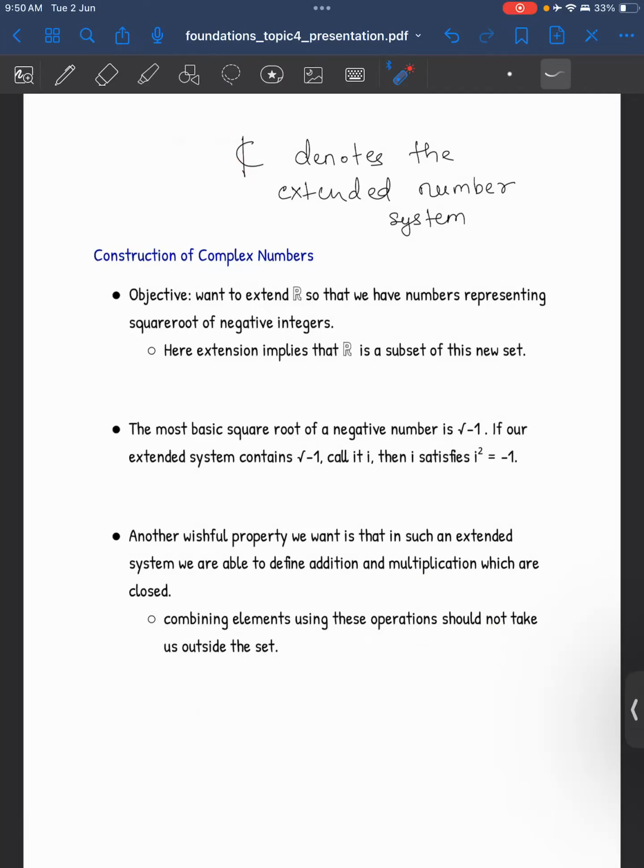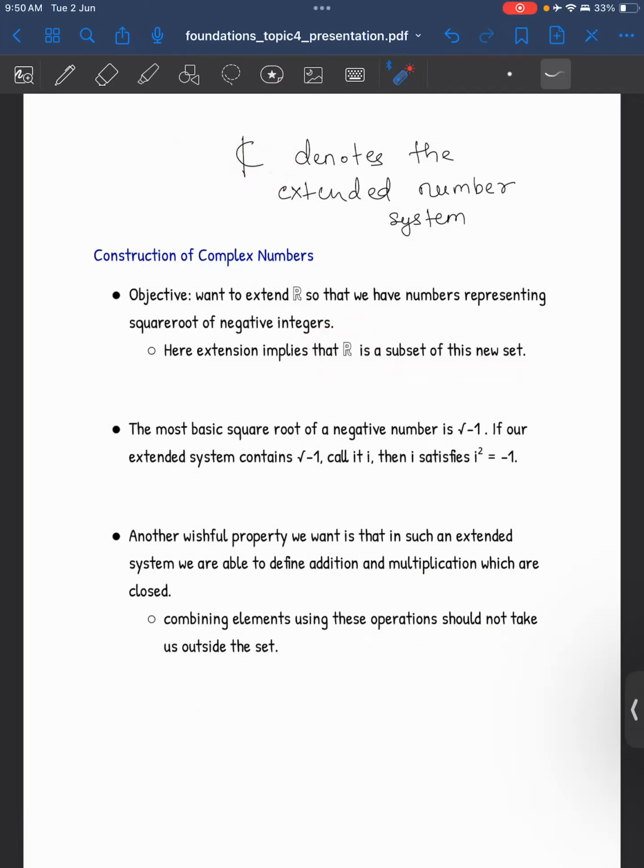So we said that we want to extend real numbers to C, which means that the set of real numbers is a subset of this new set. And now we want to extend the addition and multiplication operations on the reals. By extension, we mean that when we restrict ourselves to just the set of real numbers, which is a subset of this extended set, then we recover back the addition and multiplication operations on the real numbers.